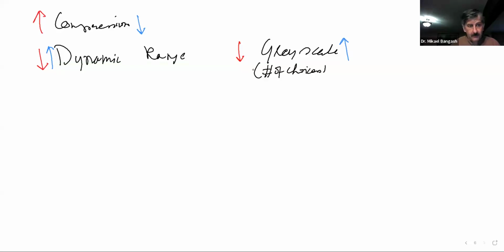You might have started off with a greater grayscale, a greater number of choices, which would have been a greater dynamic range due to lesser compression.